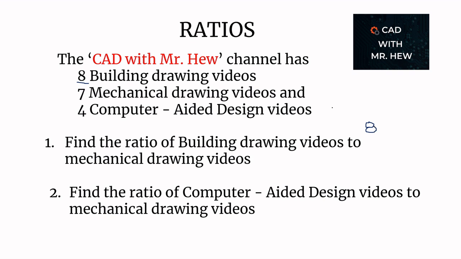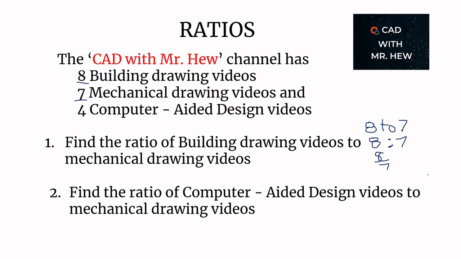So we have 8 building drawing videos to, and then we have mechanical drawing videos, which is 7. So it's 8 to 7, or we can write it 8 colon 7, or we can say 8 over 7.